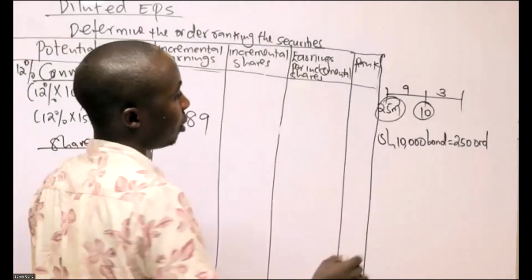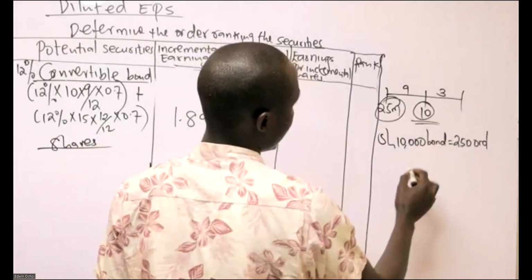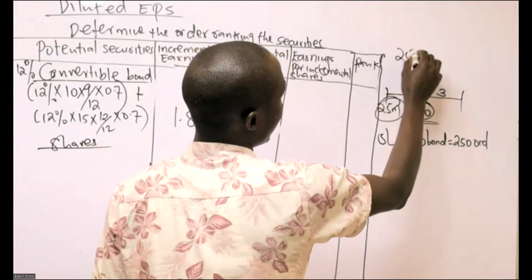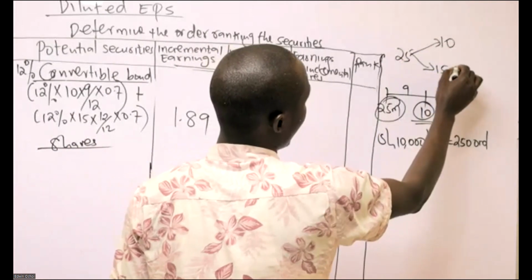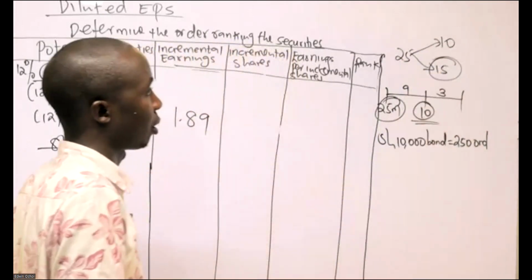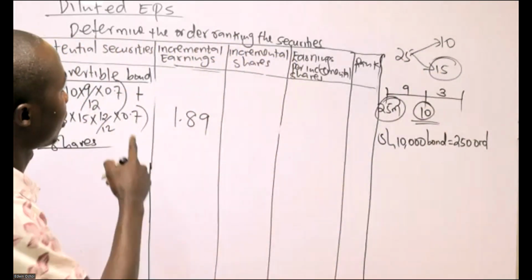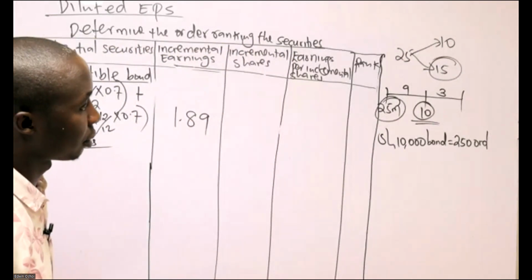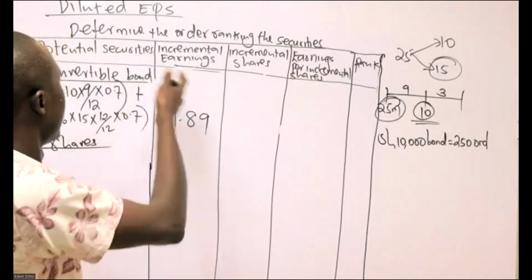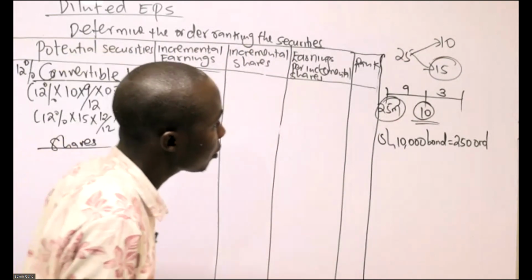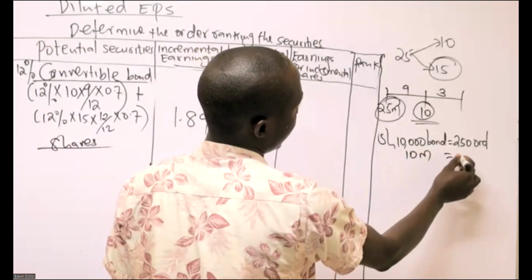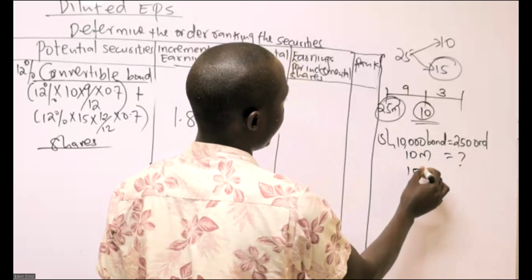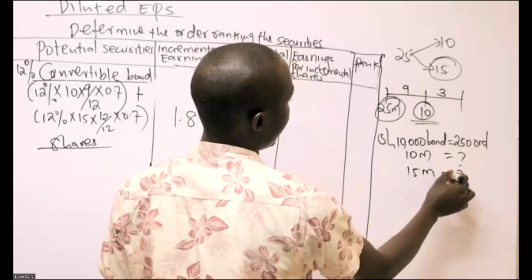So we have to do the 10 first. Remember, I said the total was 25. They converted 10. Then for the 15, we go with the assumption: what if they converted that, for the purpose of computing this diluted EPS, once we know it's a convertible security. So we say 10 million, then the 15 million.